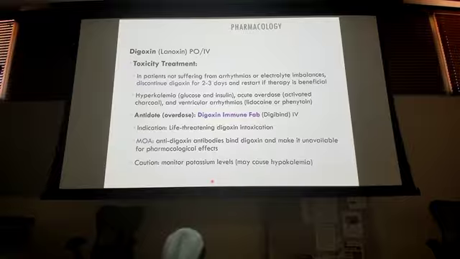Because now it's bound to your Digifab, and now we're going to get rid of it. So again, that potassium is back, right? Make sure that you're monitoring it because now you could potentially have hypokalemia occur. Because what happens is it starts to shift back into the cell, and that's why we're monitoring our potassium levels.